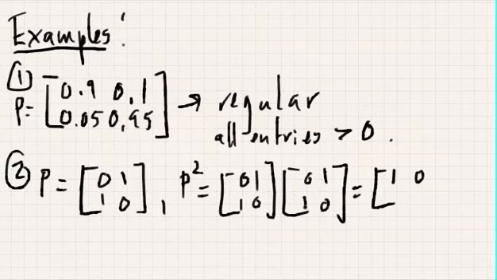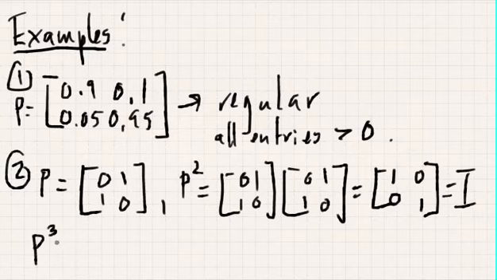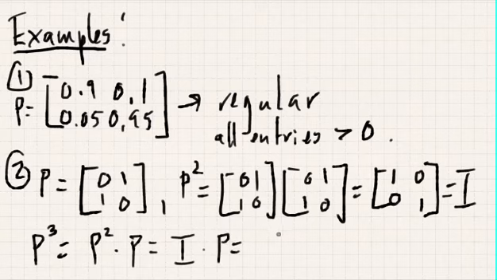The second row times the first column gives me 0 plus 0. And the second row times the second column gives me 1 plus 0, so it's 1. This is the identity matrix of order 2. So what is P cubed? Well, it's P squared times P, which is the identity matrix times P, and the identity matrix is like 1, so it's P.